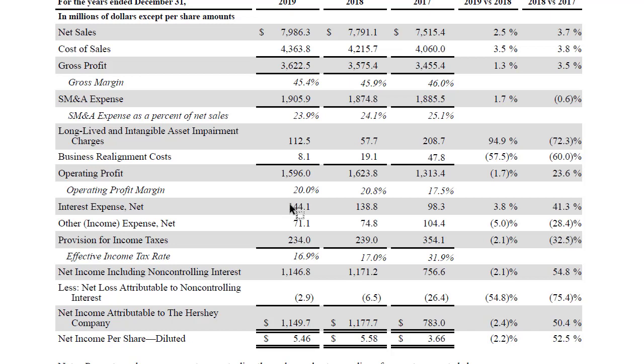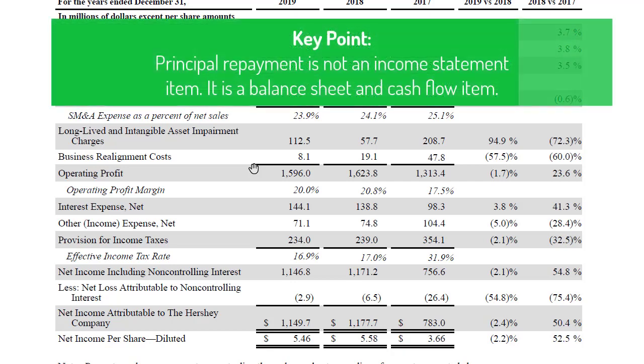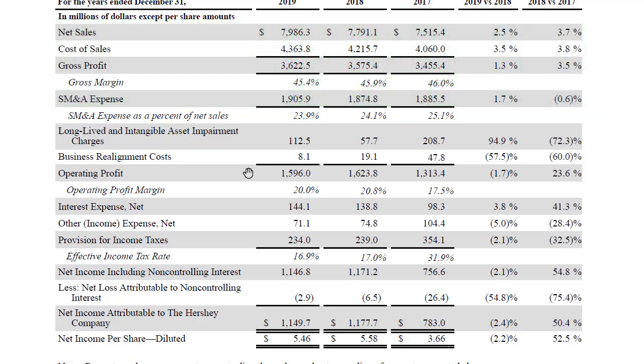Now, importantly, this does not represent any principal payments on the debt. This is simply the additional cost of those borrowed funds. So the actual repayment of the debt above and beyond the interest expense will show up on the statement of cash flows. And again, that is why it's so important to look at these statements together, to find out this additional information.